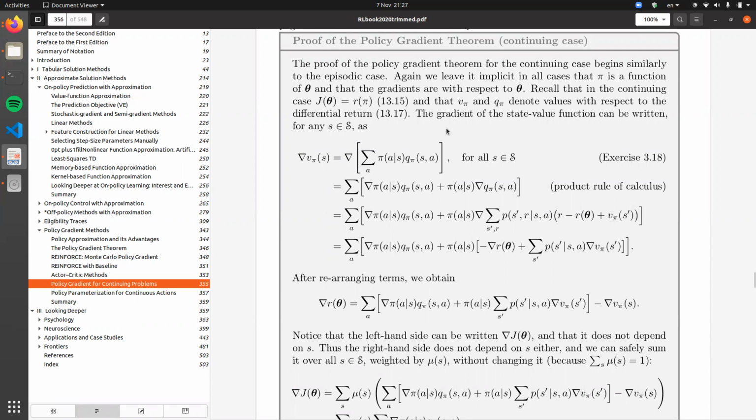And by applying certain modifications to make sure that the policy does not change much between steps, we can basically apply those guarantees for policy gradient methods.